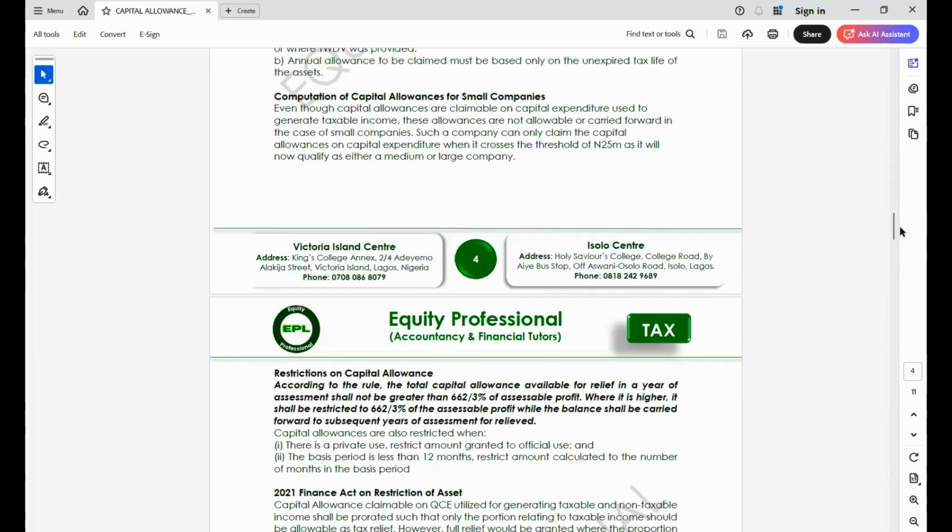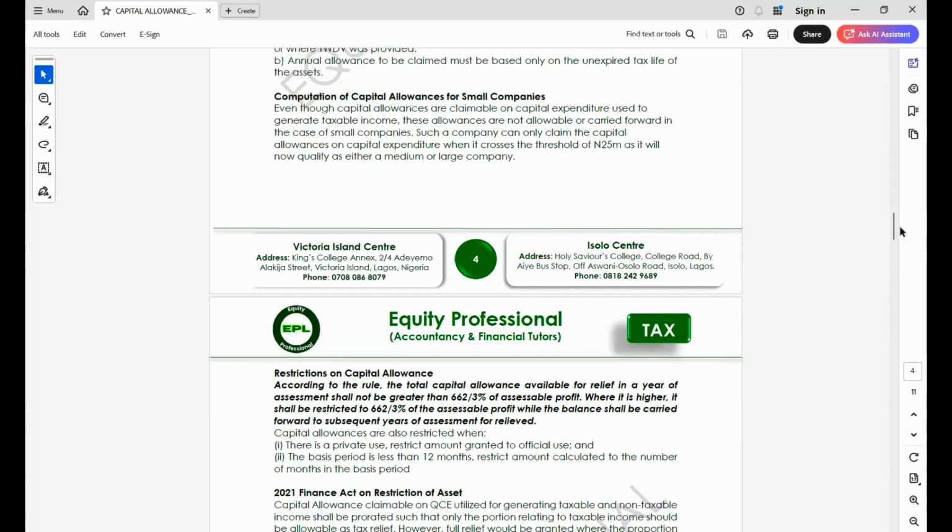Then, if you are also told that the asset is acquired from another business entity, it is believed that the business entity will have claimed the initial allowance, and it is only claimable once.